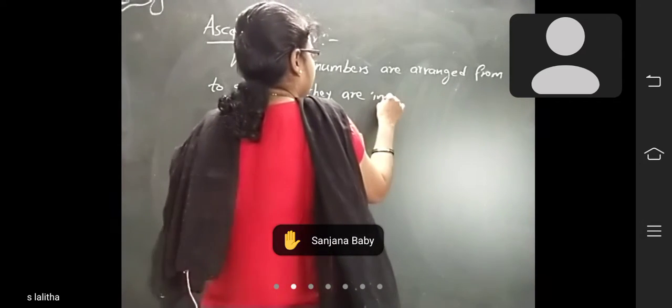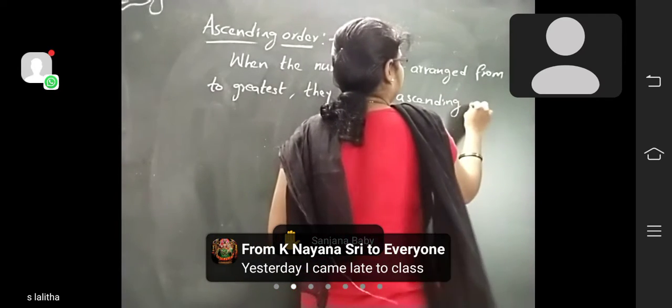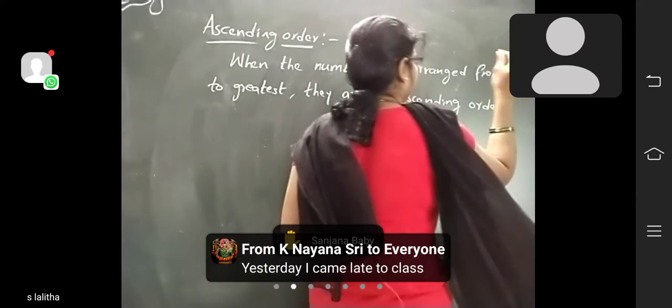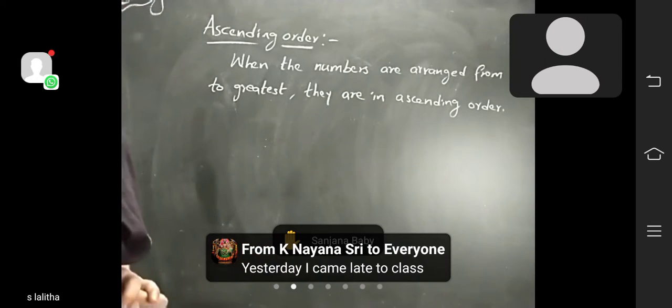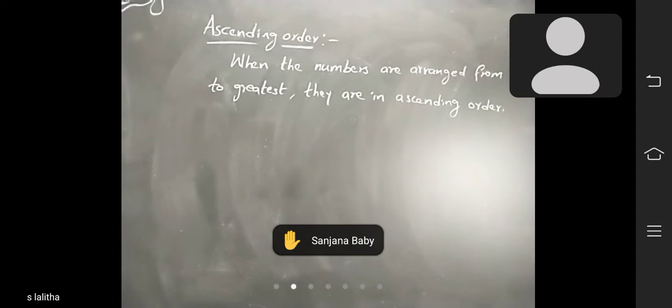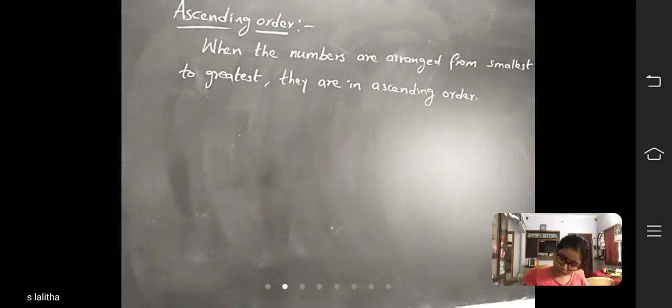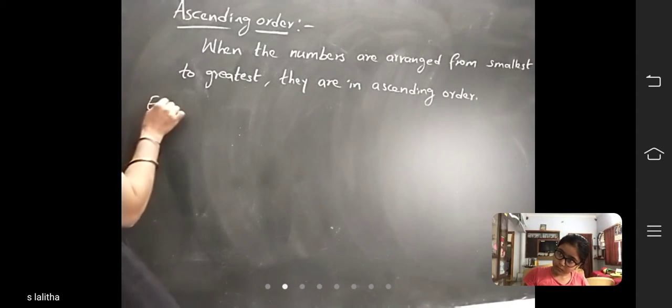They are in ascending order. Can you write one example for ascending order, children?